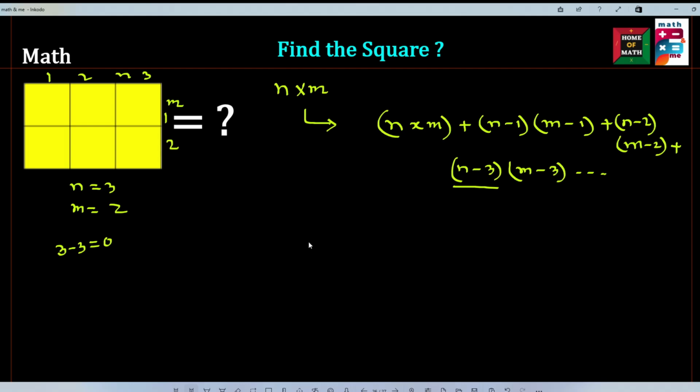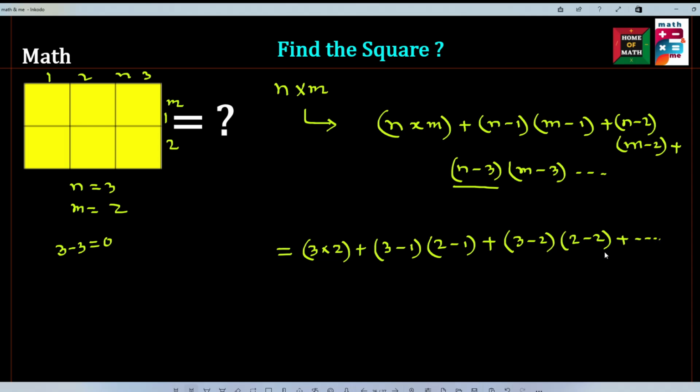Now we put the values in here. n equals 3, so 3 into m, which is 2, plus n minus 1, 3 minus 1, into m minus 1, it means 2 minus 1, plus n minus 2, it means 3 minus 2, into m minus 2, it means 2 minus 2.